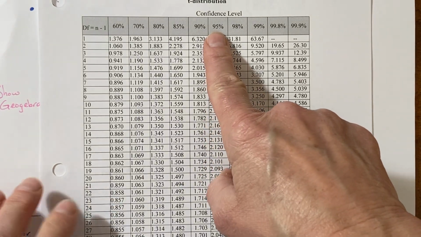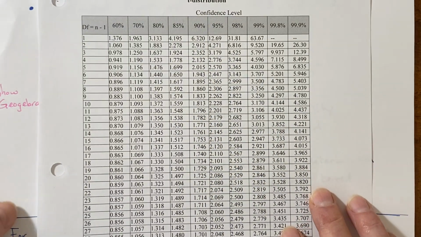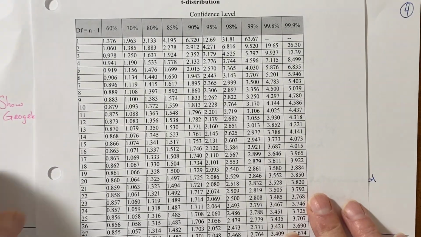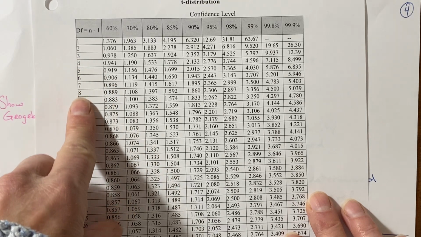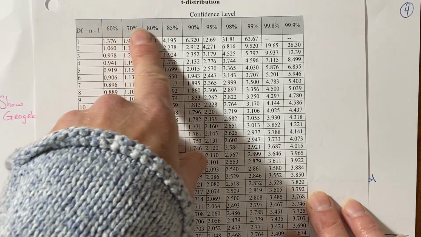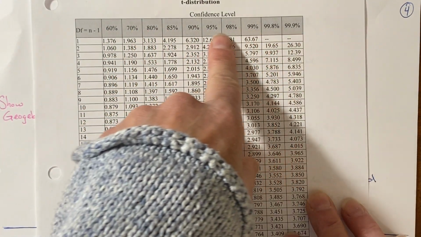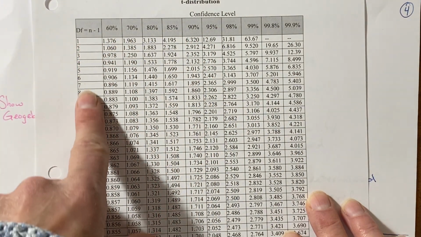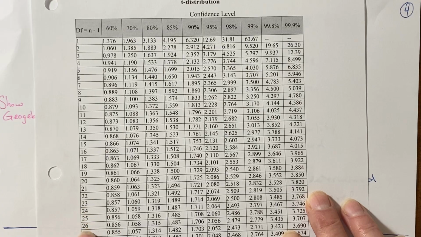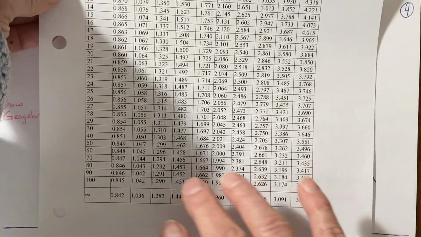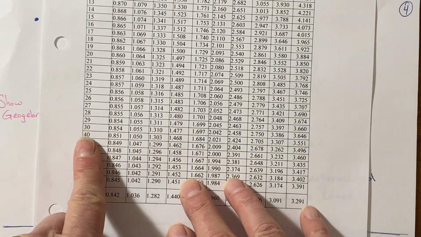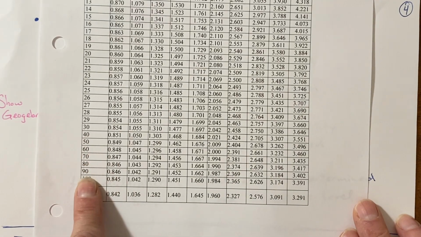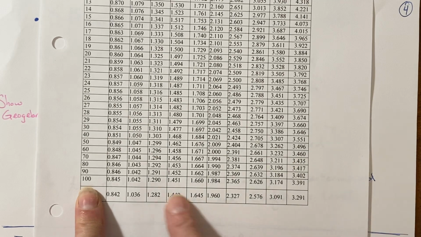Let's just look at 95%. This table that I have right here has the degrees of freedom in the first column, and then various confidence levels. So the degrees of freedom, again, 1 less than the sample size, goes all the way up. Once we get to 30, notice it starts to jump: 40, 50, 60, 70, 80, 90 to 100.